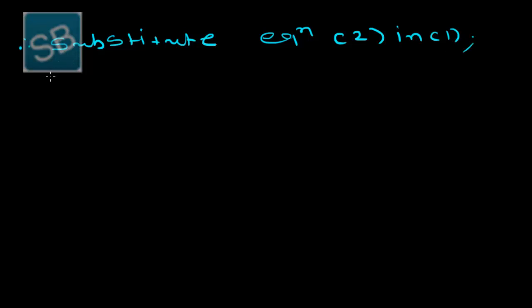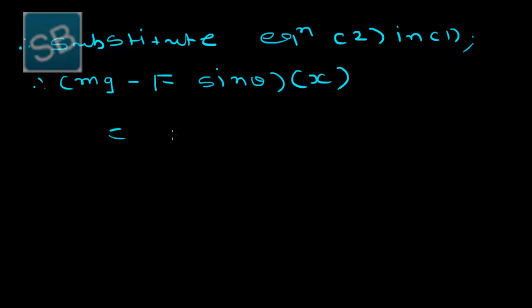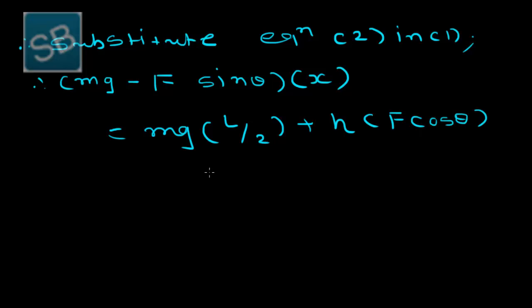So I now have only the value of N. So I am putting mg minus F sin theta into x as it is, and the right hand side is also as it is. So mg into L by 2 plus h into F cos theta minus L into F sin theta.